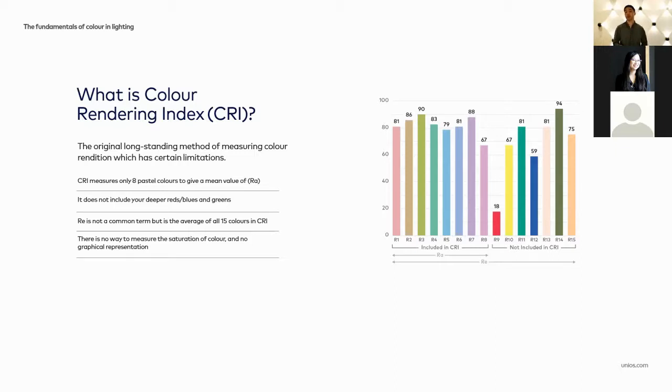Now, lighting professionals tend to do two things. They ask for CRI, but they also tend to ask for R9 value, and that's your deep red, because R9 is the hardest to hit across those 15 different colors. However, there is a general rule of thumb.